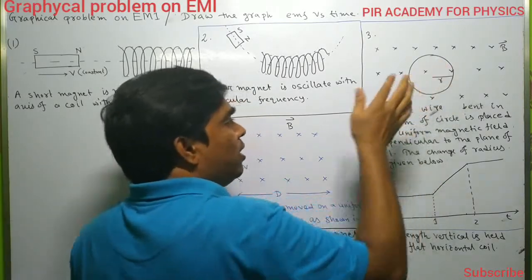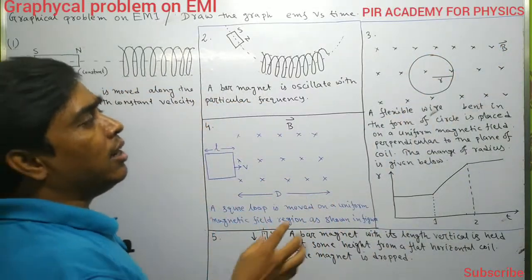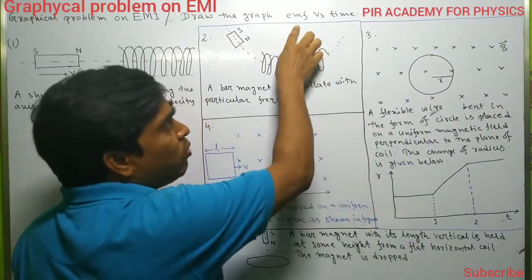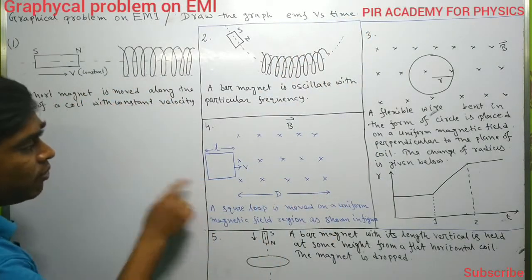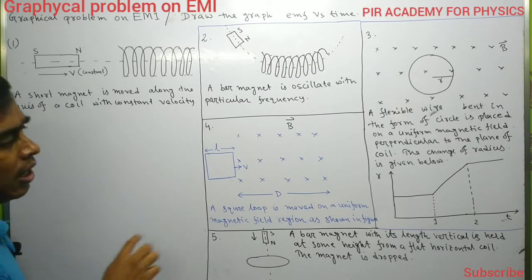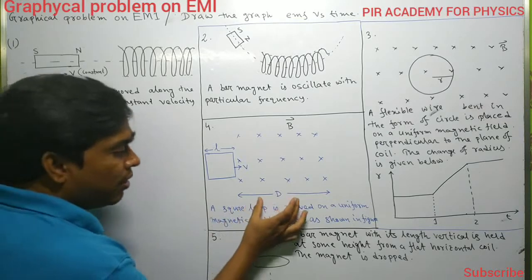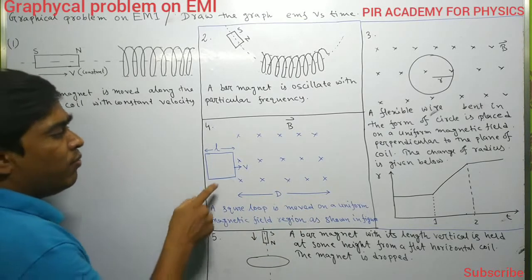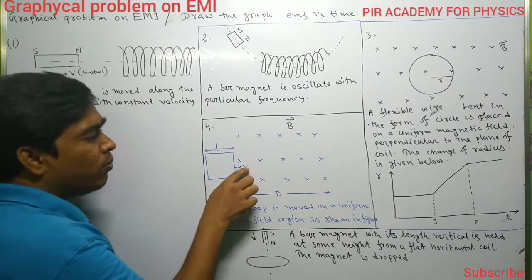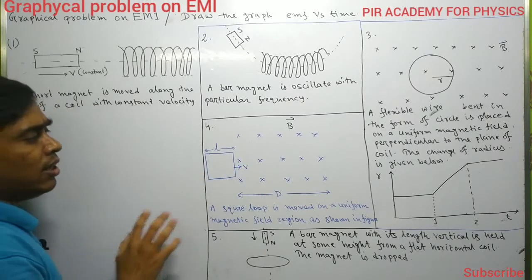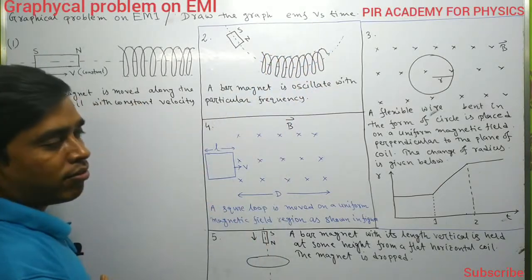and this loop is placed perpendicular to the magnetic field, and you have to draw the induced EMF versus time graph. And here you see number 4, this is a uniform magnetic field region of length D. If a square loop of length L is moved with constant velocity, then you have to draw the EMF versus time graph.